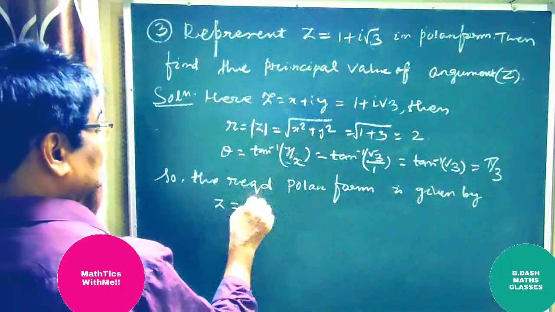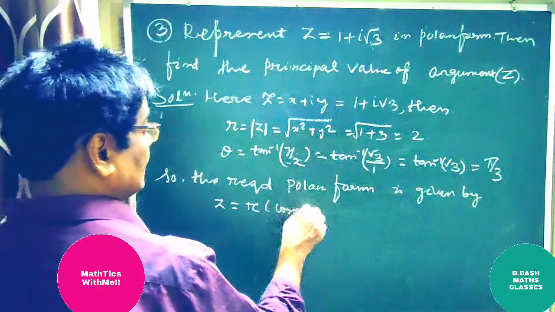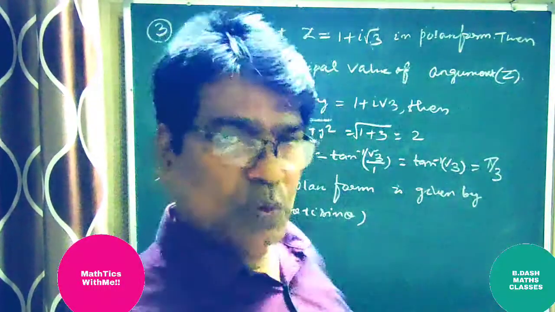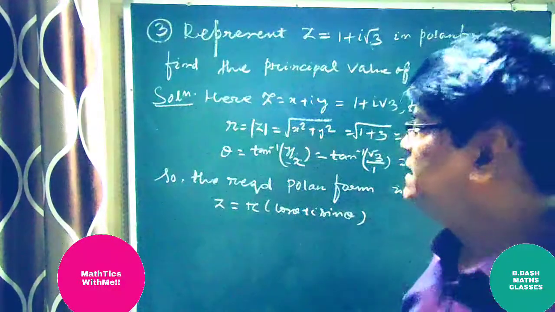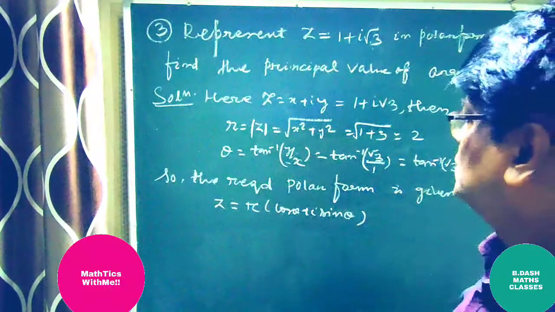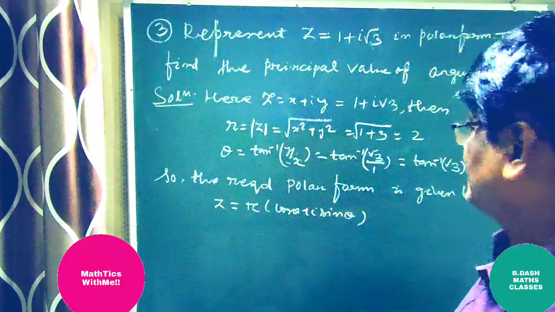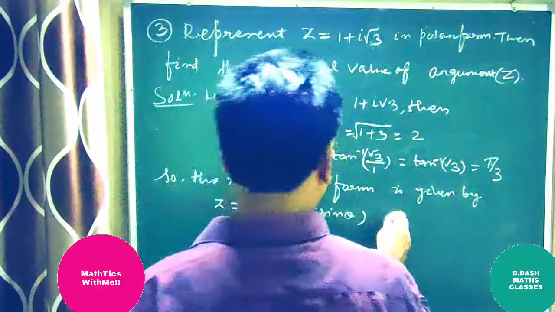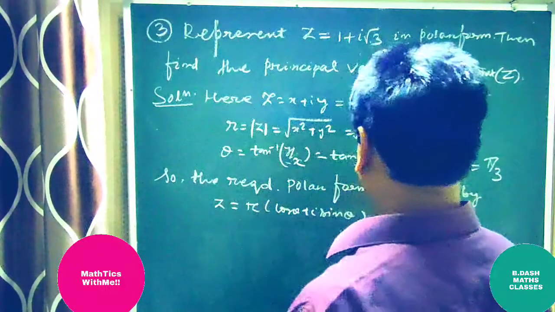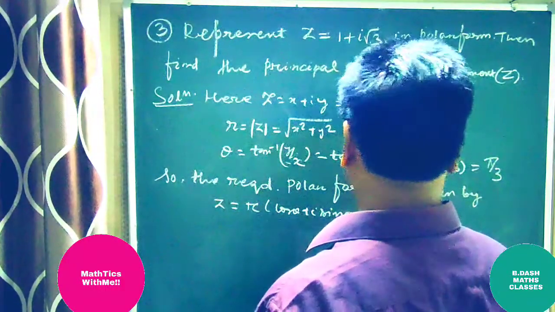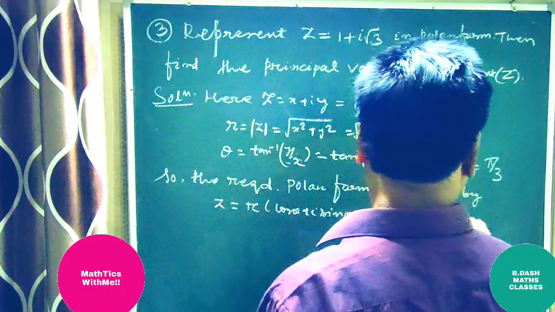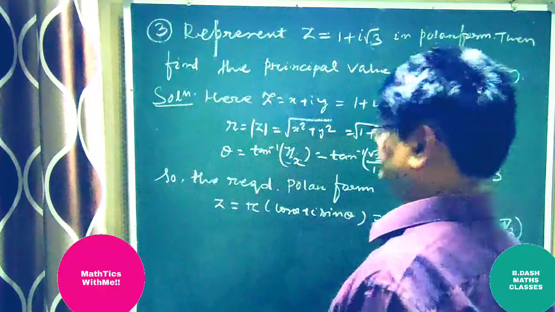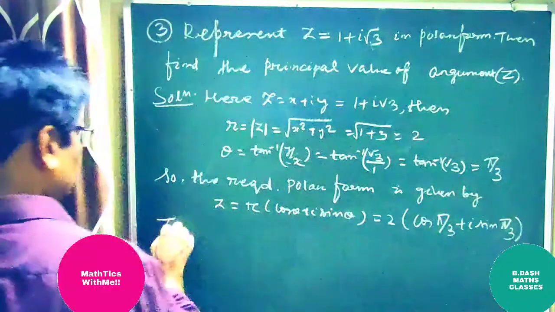z is equal to r into cos theta plus i sin theta. So here r is equal to 2, theta is equal to pi by 3. So the required polar form is given by r into cos theta plus i sin theta, which is equal to 2 cos of pi by 3 plus i sin of pi by 3.